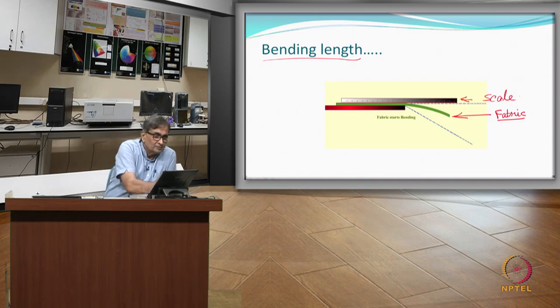Initially the platform, the fabric and the scale are aligned, and then because there is friction between the two, when you move this out, the fabric also moves out like this.